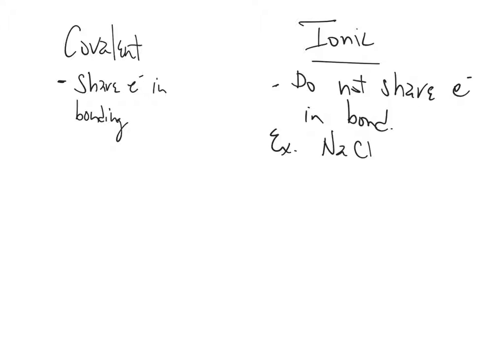Now there are some exceptions, but typically speaking, like if you just had to guess, the Miss America World Peace kind of answer for this, ionic bonding is going to usually occur between a metal and a non-metal. So that's why it's really important to know which ones are metals and non-metals based off of their location on the periodic table.